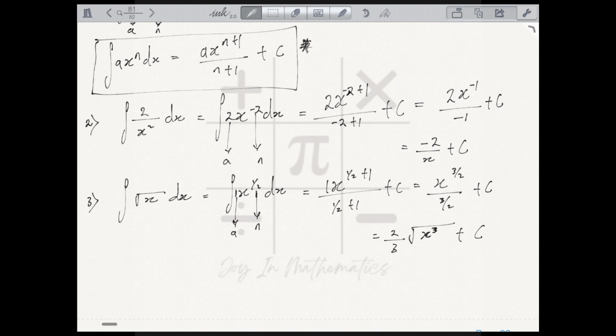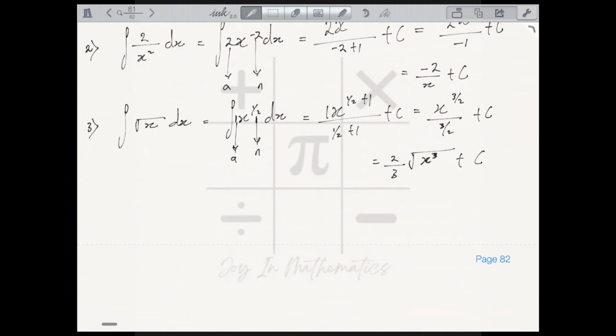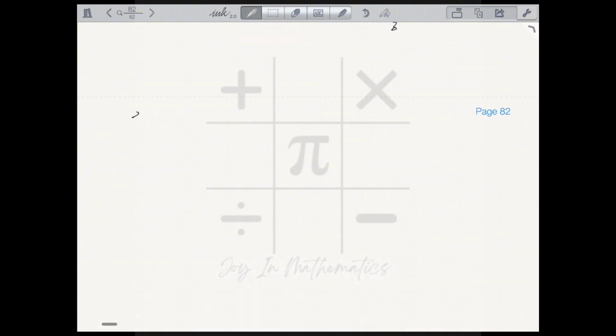Let's take another example. But before then, let's take a quick look at integrating a constant. Remember that d dx of a constant is equals to 0, because when we differentiate 5 with respect to x, we have 0. Now, what happens when we integrate 5 with respect to x?